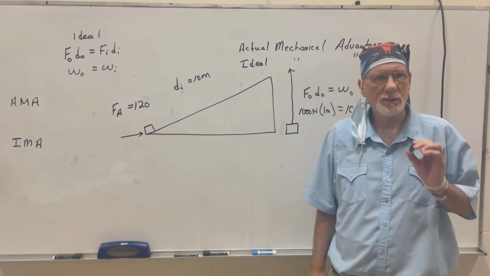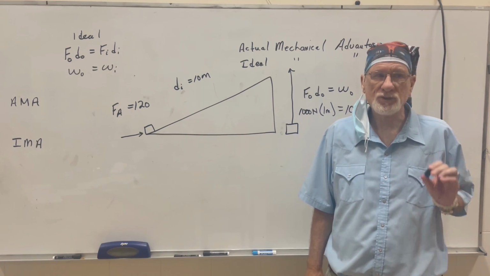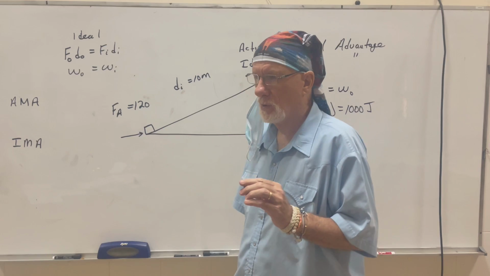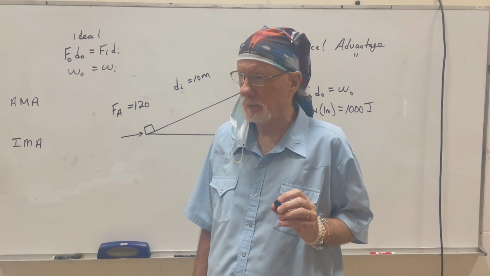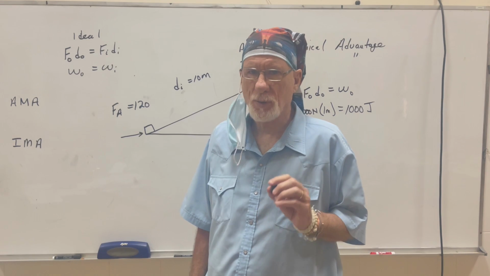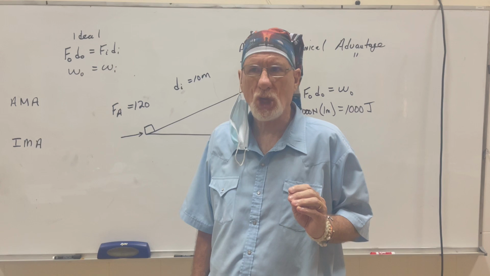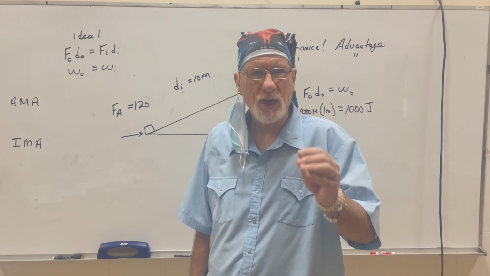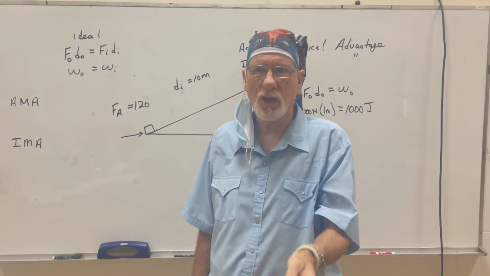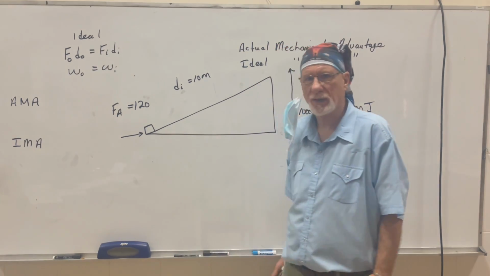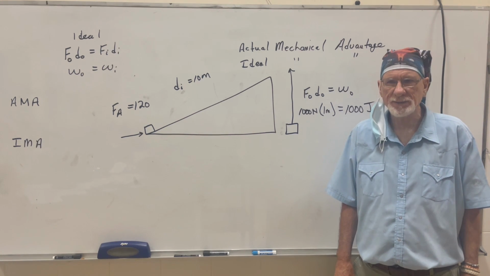Actual mechanical advantage: first of all, they're ratios greater than 1. Write that down. They're always ratios greater than 1. So it's always the larger over the smaller. So what's larger, my FO or my FI?